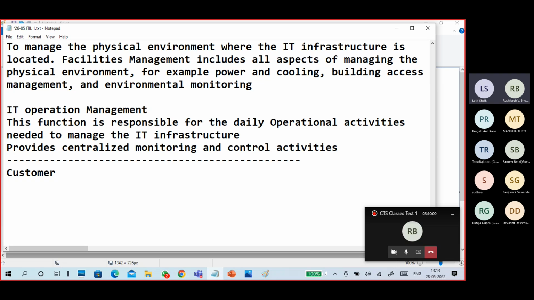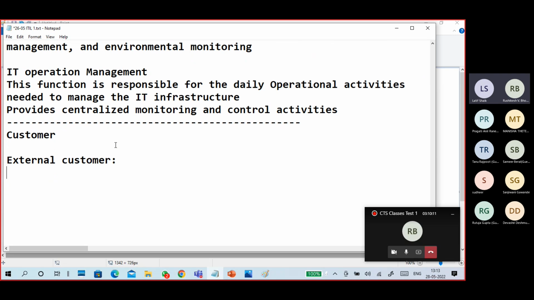The customers, as I told, are external customers. A customer is not part of our organization.